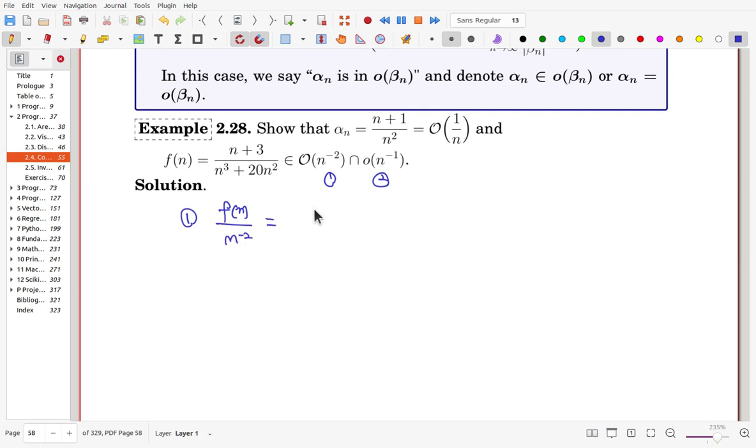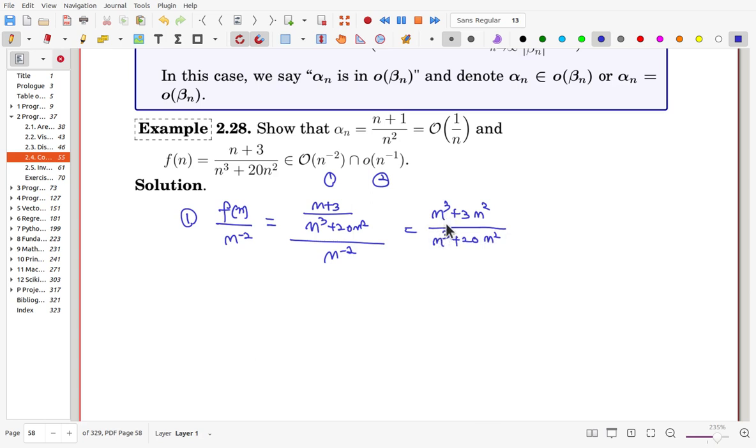That is the same as n plus 3 divided by n cubed plus 20 n squared, divided by n to the minus 2. So that is the same as n squared multiplied over there, so n cubed plus 3 n squared over n cubed plus 20 n squared, right?